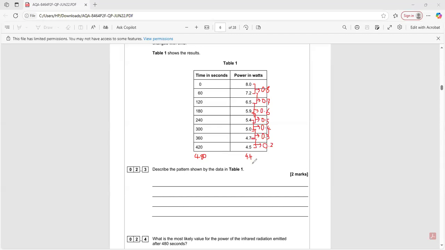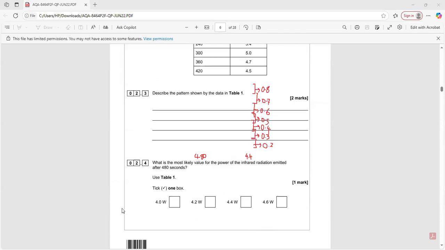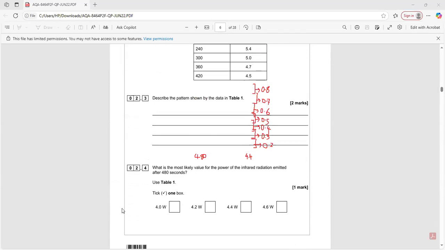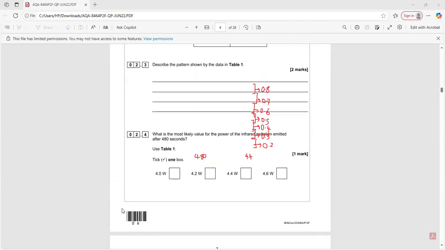Yes. Okay. So if that's the case, then we're very free to say that for 480 seconds, power will be what? 4.4 watts. Do you agree with that?